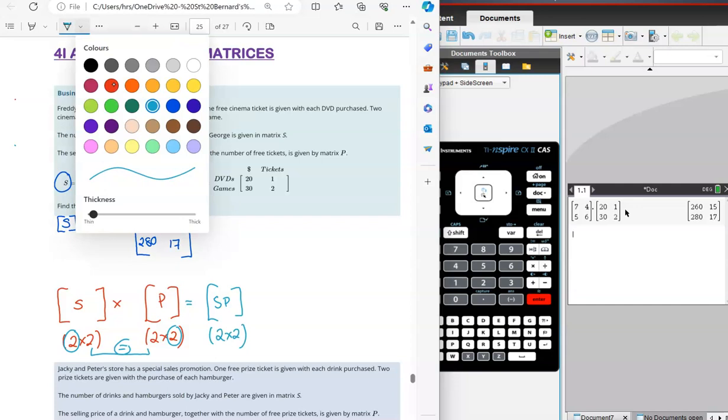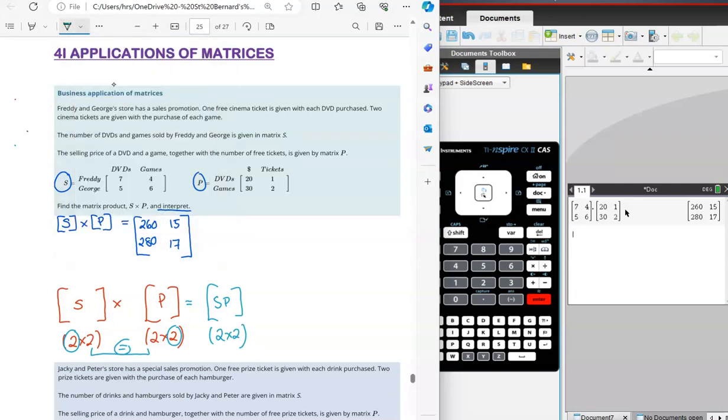The way you can work out what your answer is telling you is to look at the rows and columns. It takes the rows of S, and the rows of S indicate Freddie and George. So in your answer, this row represents Freddie, and this row represents George.